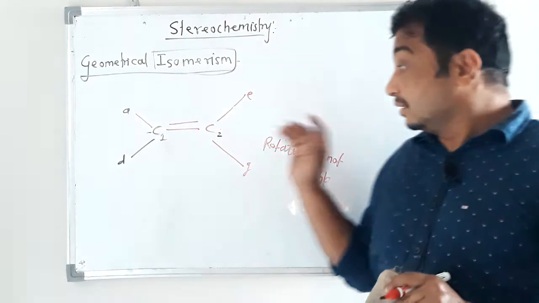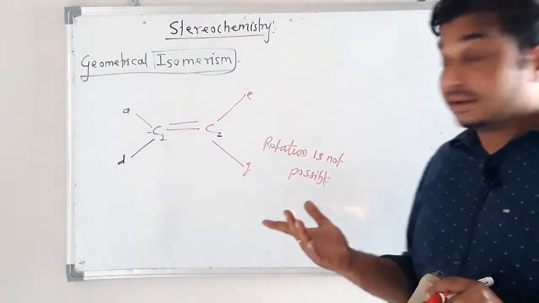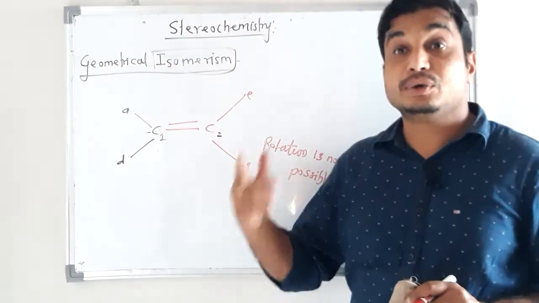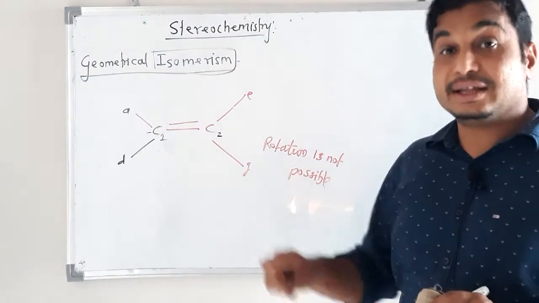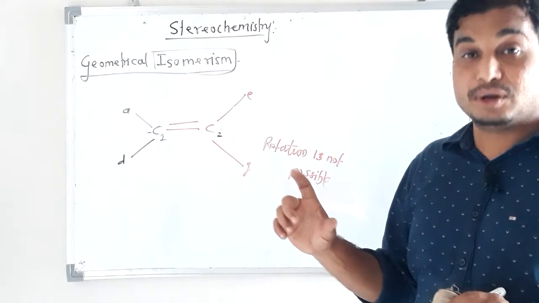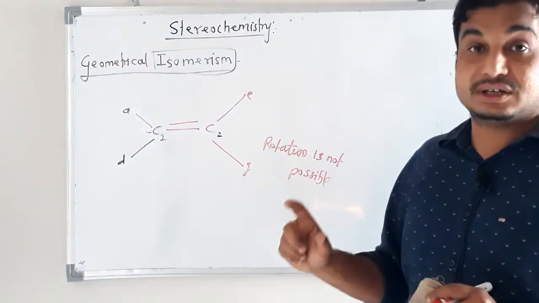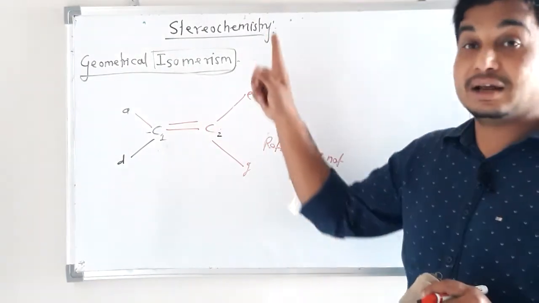That type of molecule gives different structures, and isomers having the same molecular formula but different structure are called geometrical isomers.